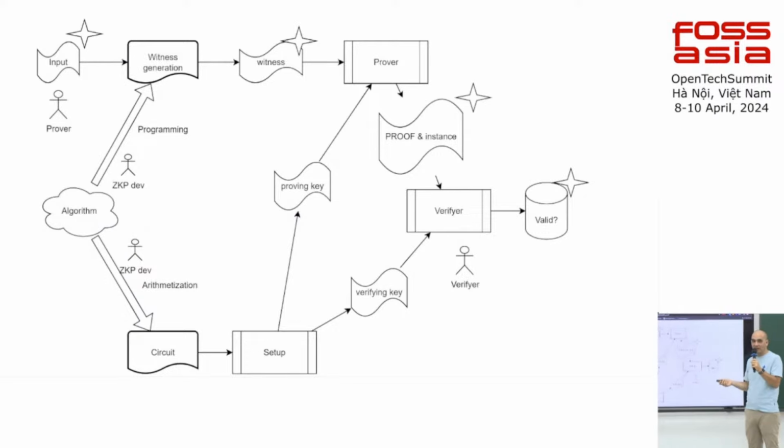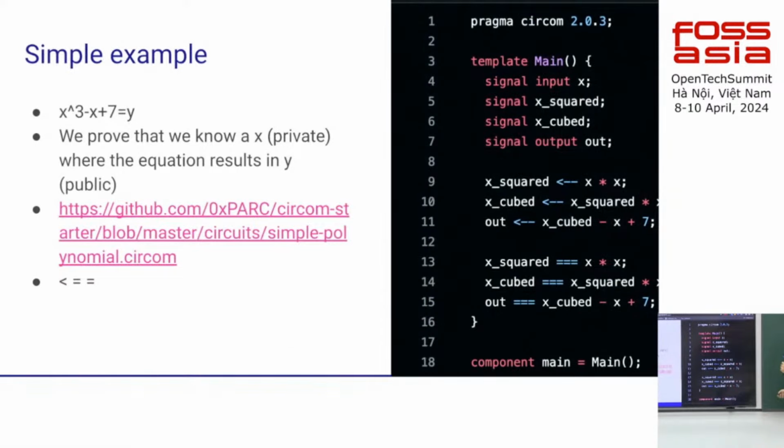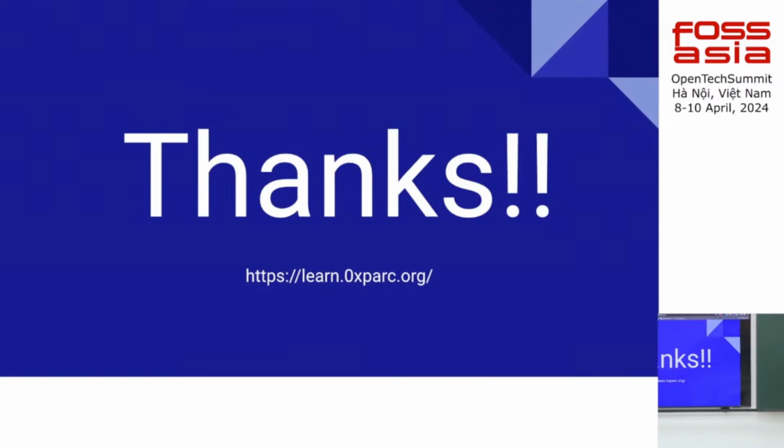This can help with scalability, because I can give you a proof that the final result of this very complicated computation is this one, and you can be certain without having to calculate it again to see if I'm telling the truth. This is one of the ways used mostly in blockchain for rollups and L2s. That's it. Thank you very much, and if you have any questions, let me know.